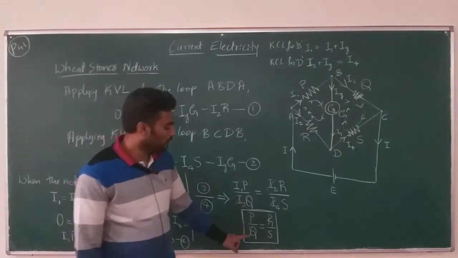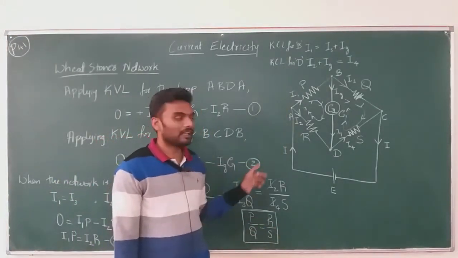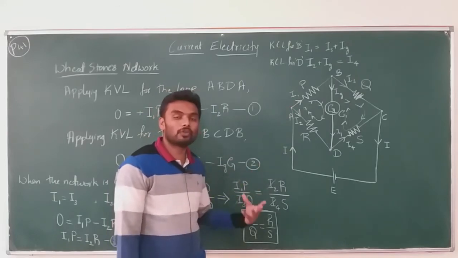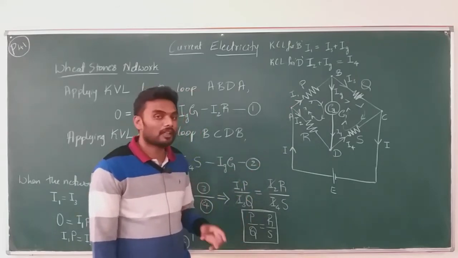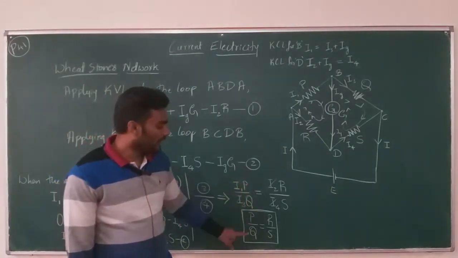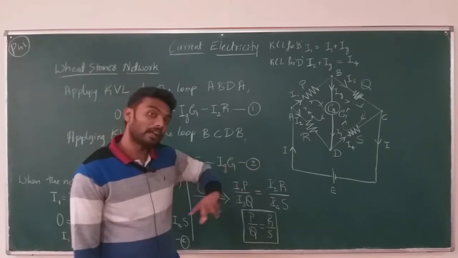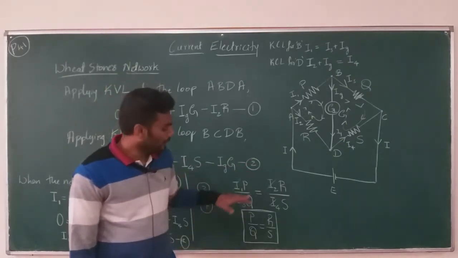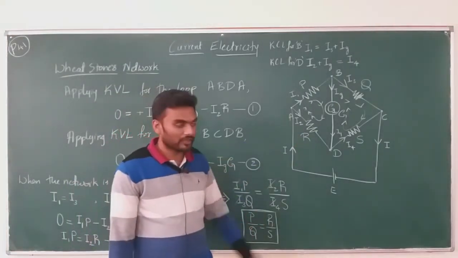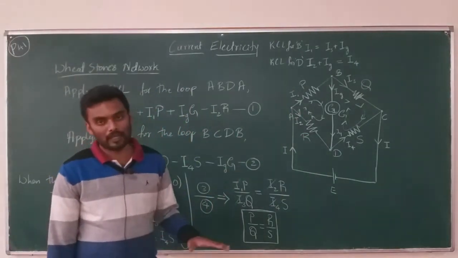Okay, you have 4 resistors P, Q, R and S. Now you have the relation which connects those 4 resistances, right? The condition that you should remember is this relation is valid when the Wheatstone network is balanced and vice versa, which means when this is the relation of the Wheatstone network, then we can easily say the network is balanced.